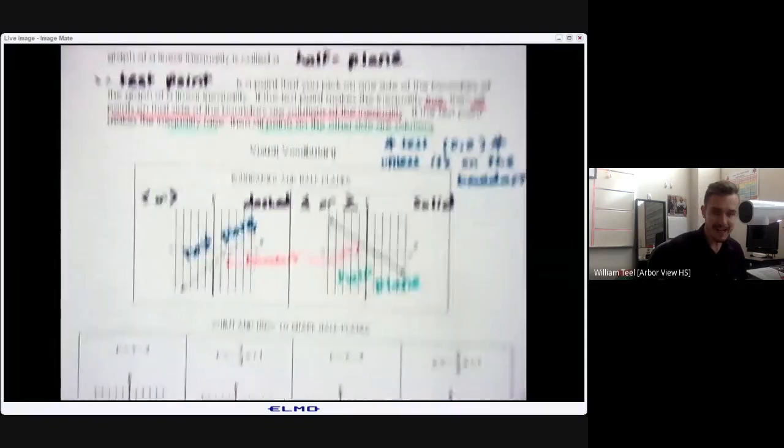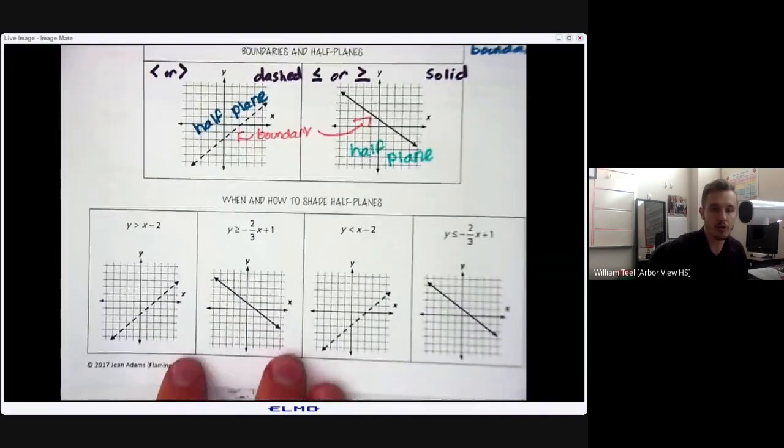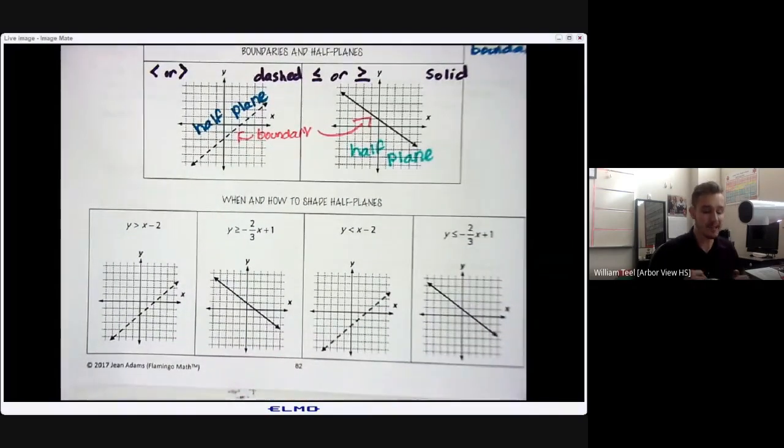All right, so let's talk about how we actually are going to graph and represent the solutions of linear inequalities. So when and how to shade half planes. The way that we show the solutions of an inequality when we're looking at linear inequalities is we graph the solution and then we shade it, okay? So I want you to pay very close attention to how we're going to do this. Let's look at example number 1.